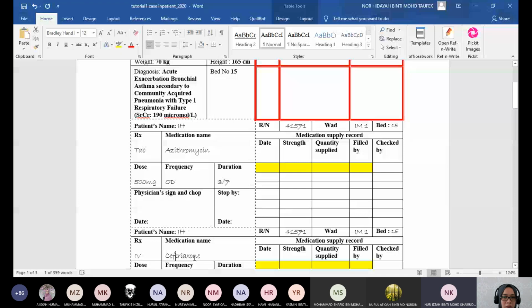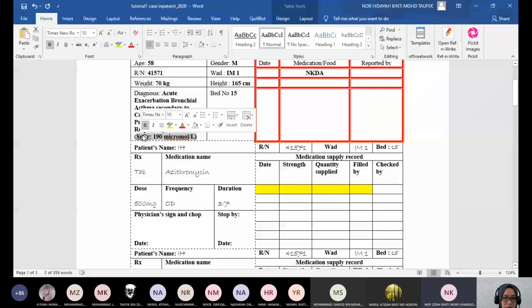So now, how do you calculate this? Do you have the formula? Have you learned how to calculate the renal function, the kidney function? Please find out the formula.